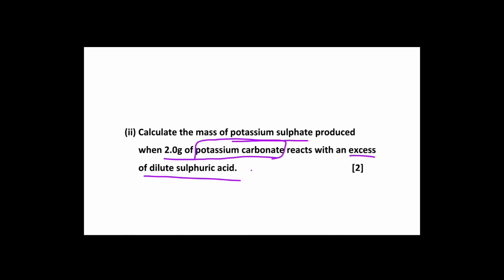Because once a limiting reagent is completely used, it means the reaction is going to stop. And when the reaction stops, that marks the end point of the chemical reaction. So for us to calculate the true amount of the product in terms of mass formed from the chemical reaction, remember to use the limiting reagent. Very important.